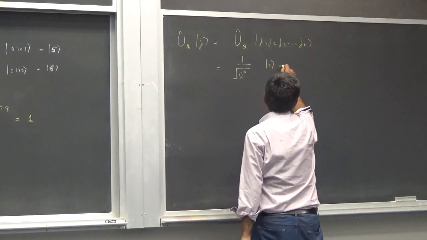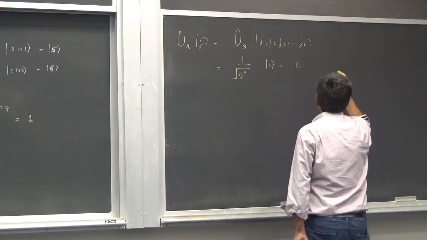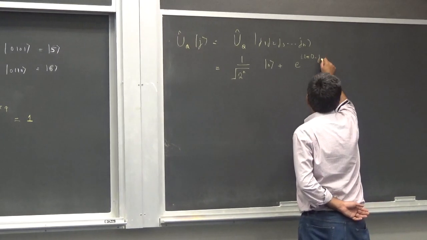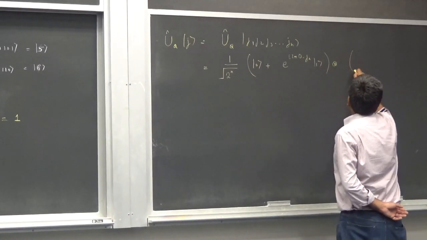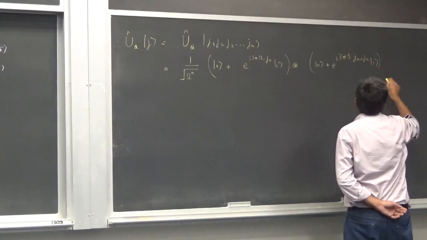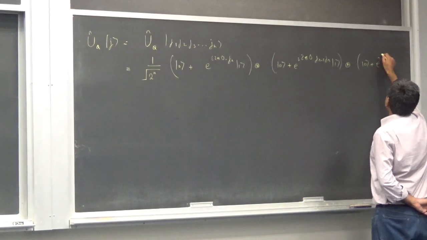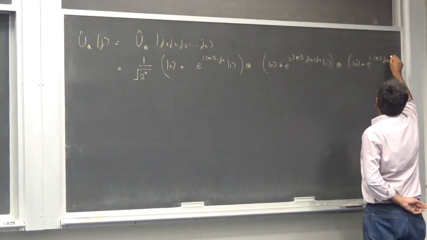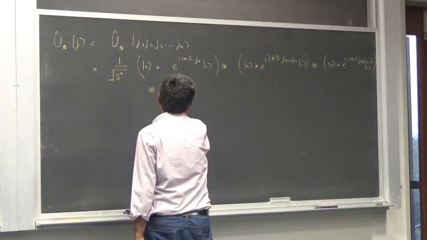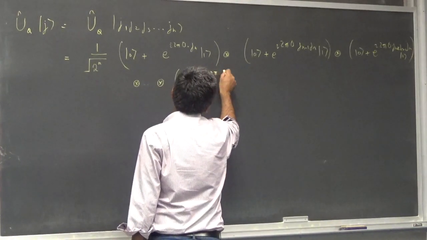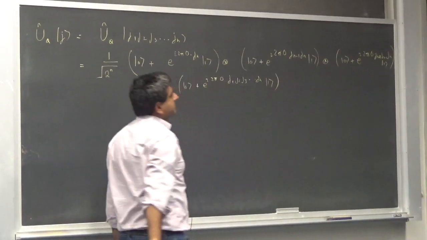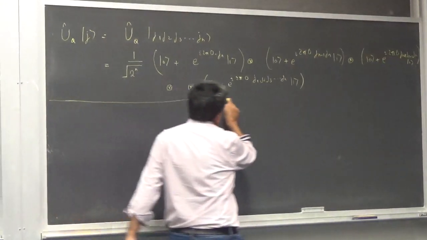The first qubit becomes a superposition of 0 and 1, and the phase that comes with the ket 1 goes as e^{i 2 pi 0.jn}: ket 0 plus e^{i 2 pi 0.jn}|1>, tensored with ket 0 plus e^{i 2 pi 0.j(n-1) jn}|1>, tensored with ket 0 plus e^{i 2 pi 0.j(n-2) j(n-1) jn}|1>, and so on, up to ket 0 plus e^{i 2 pi 0.j1 j2 j3 ... jn}|1>. Fine? So this is the action of the quantum Fourier transform.